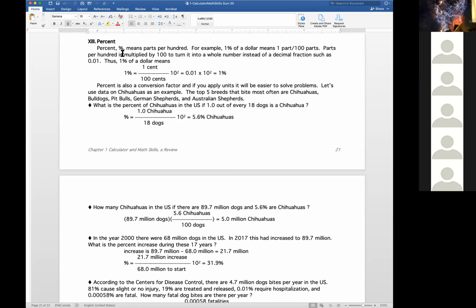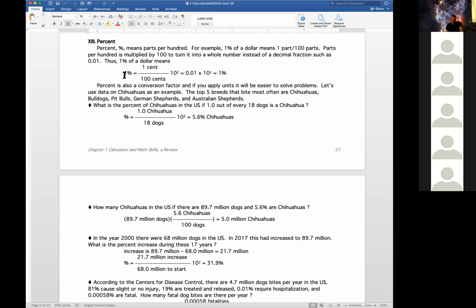So what percent means is parts per hundred. So 1% of a dollar means that there's 1 part out of every 100 parts. So in other words, that's 1 cent out of every 100 cents, right? And so then we multiply by 100 to turn that into a whole number. Because if I take 1 divided by 100, I get 0.01. If I now take that and multiply by 100, then I get 1.